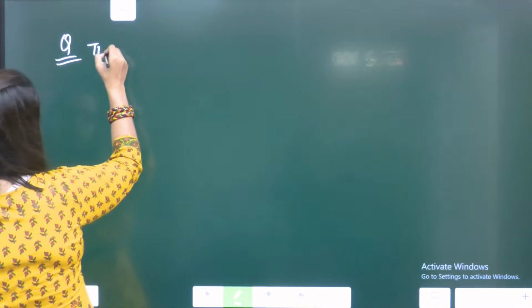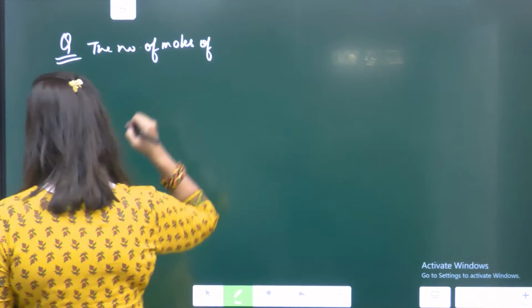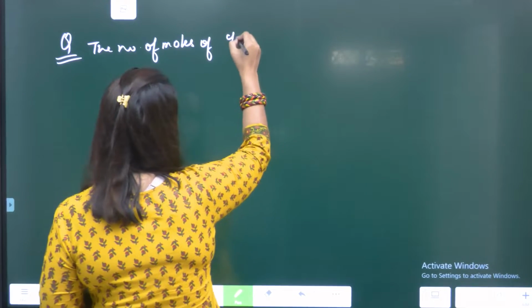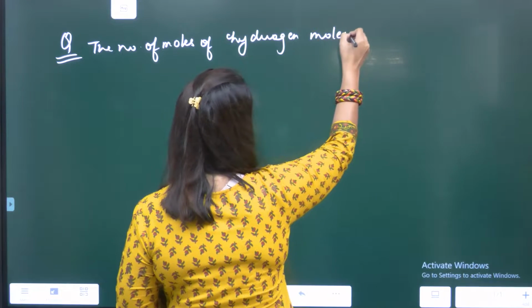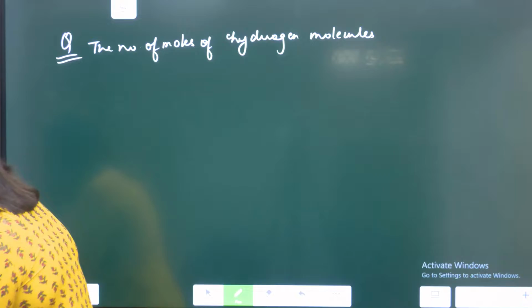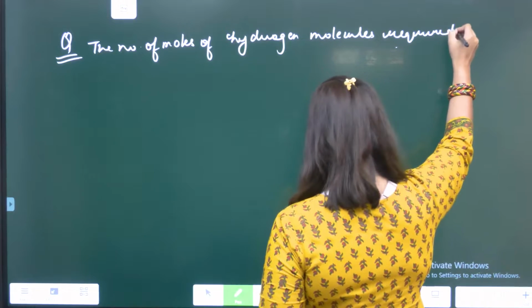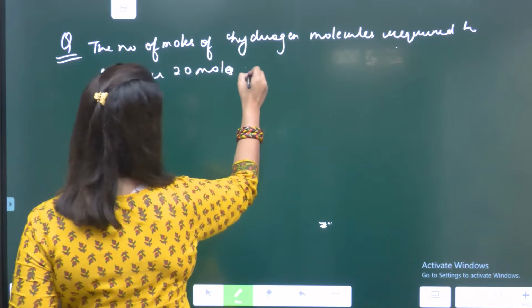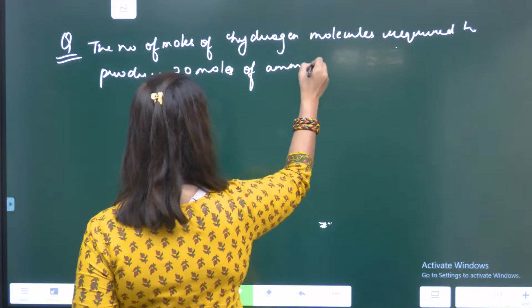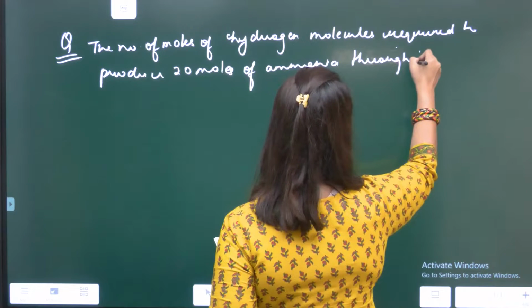The number of moles of hydrogen molecules required to produce 20 moles of ammonia through Haber's process.